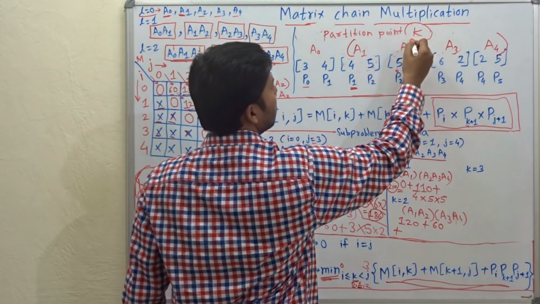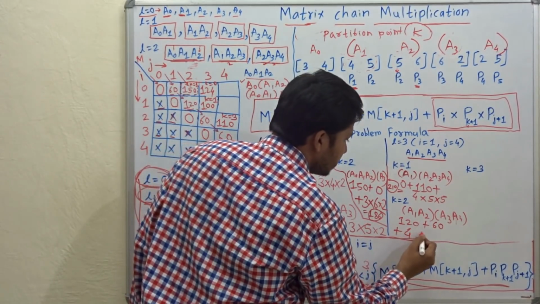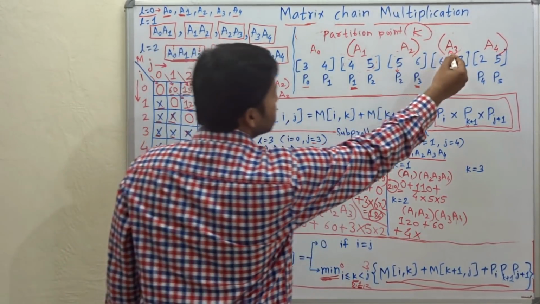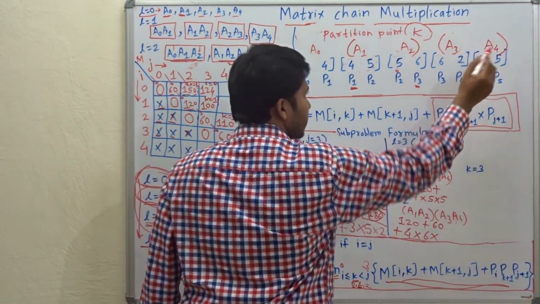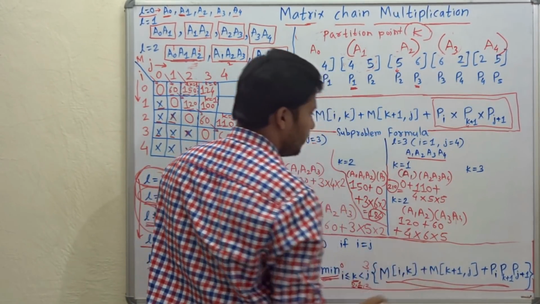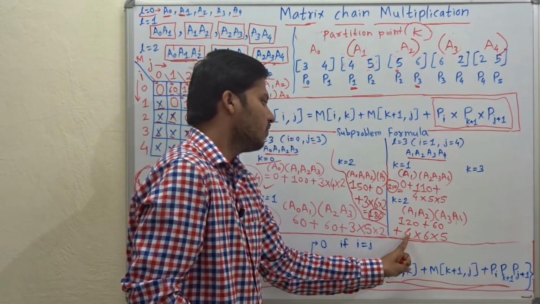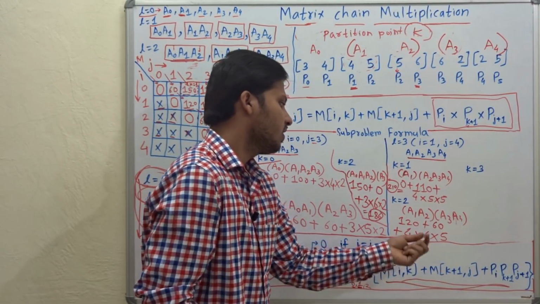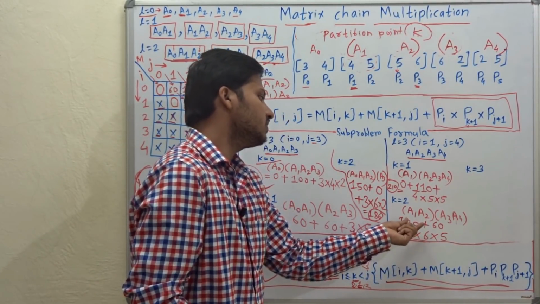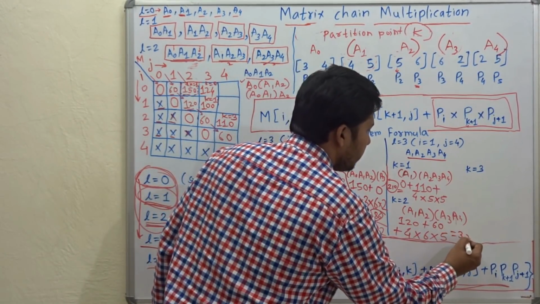A1, A2 and A3, A4. So the first dimension of the first partition is 4 into the first dimension of the second partition is 6 into the last dimension of the second partition is 5. 120 plus 60 is 180 plus 4 into 6 is 24 into 5 is 120. So 180 plus 120 is equal to 300.